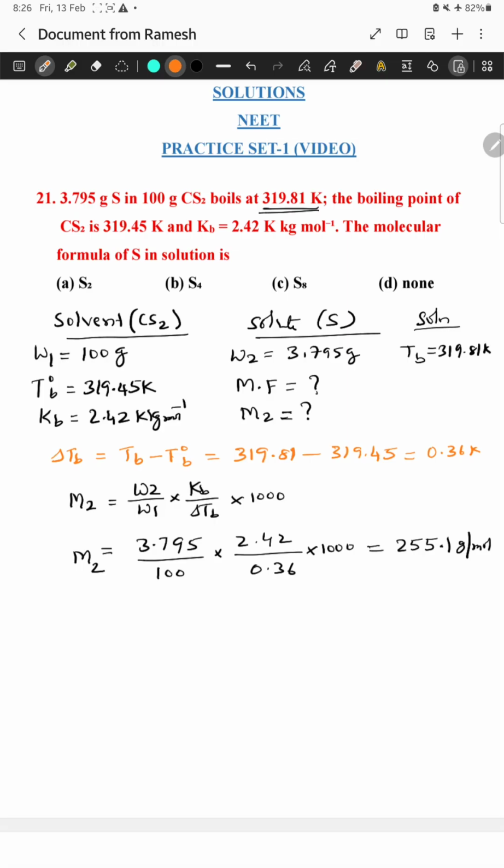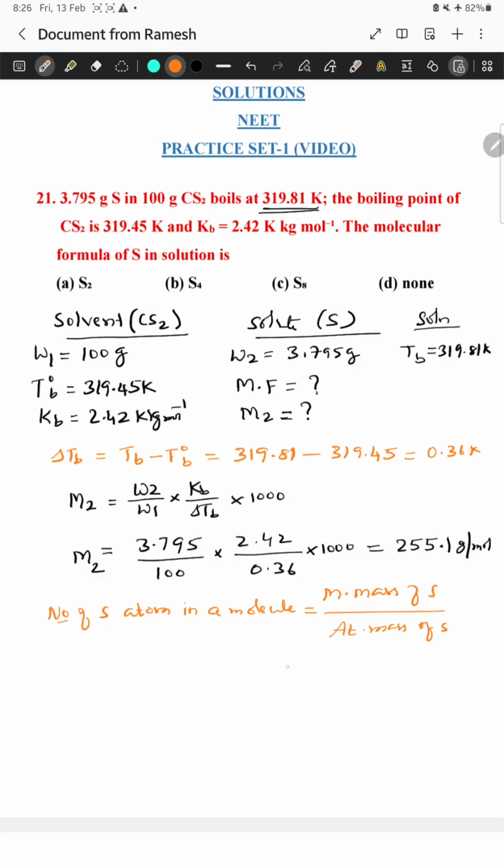Now they are asking for the molecular formula. To find the molecular formula we require the number of sulfur atoms. The number of sulfur atoms in a molecule can be easily calculated using this relation: molecular mass of sulfur divided by atomic mass of sulfur.